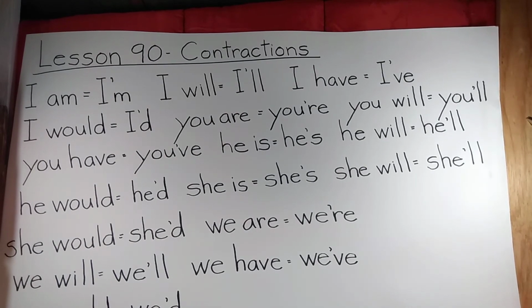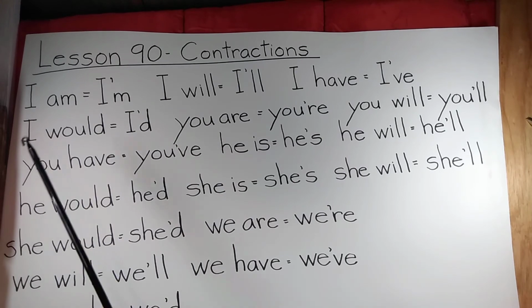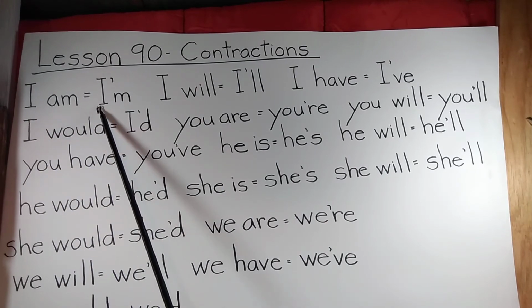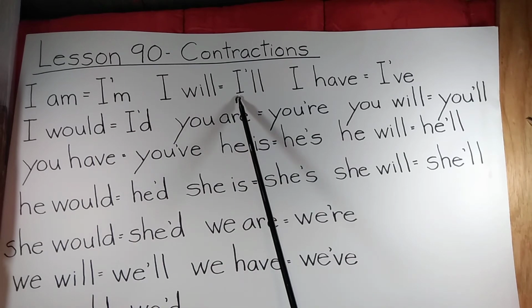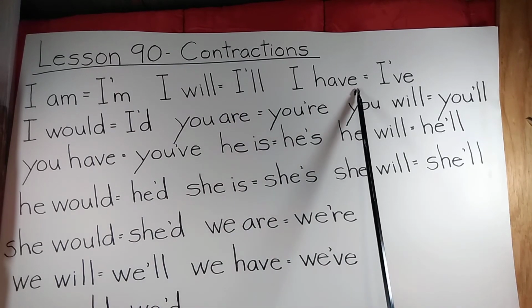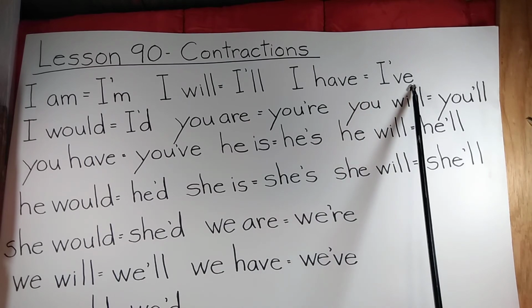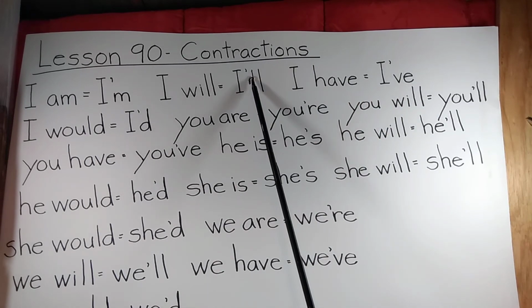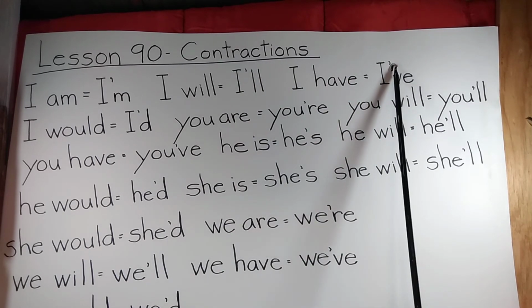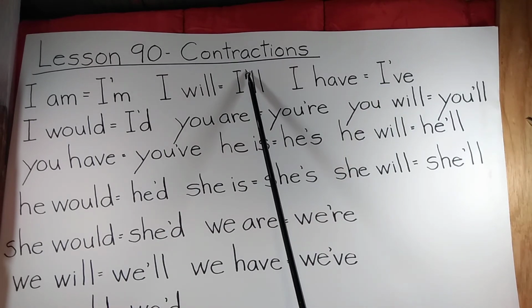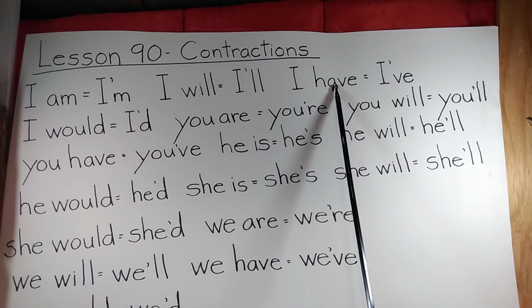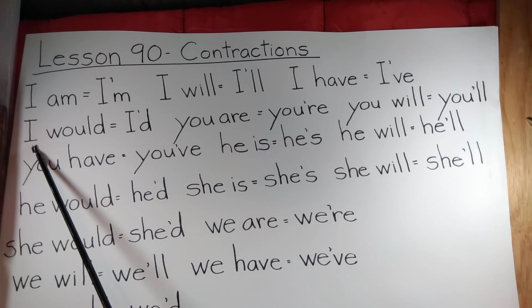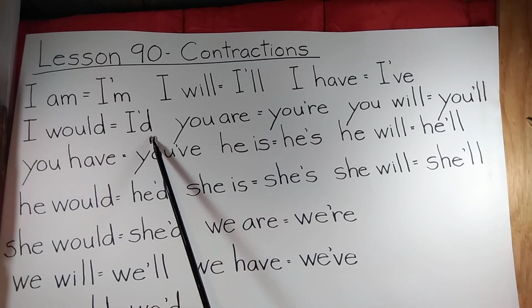Now for the contractions. I am is contracted to I'm. I will contracts to I'll. I have contracts to I've. So sometimes these apostrophes can stand for more than one letter. Here the apostrophe stands for W-I. Here it stands for H-A. I would, I'd.